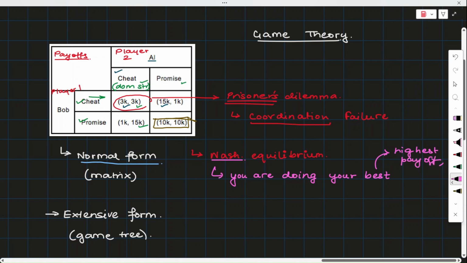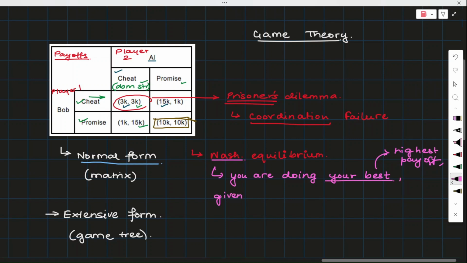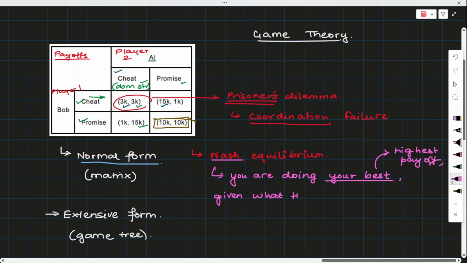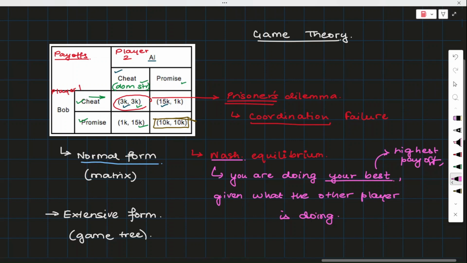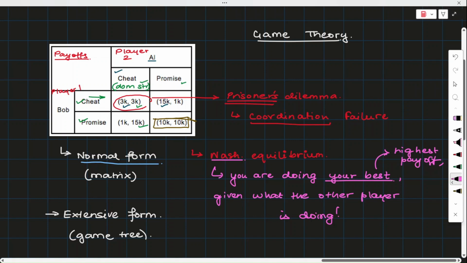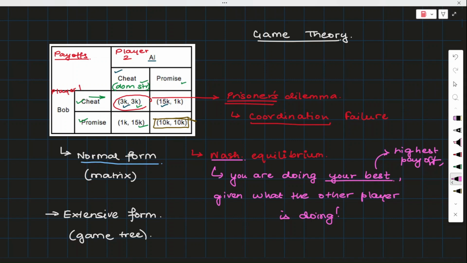So you are doing your best given what the other player is doing. What do I mean by that? If Bob cheats, I am better off cheating. If Bob promises, I am better off cheating.